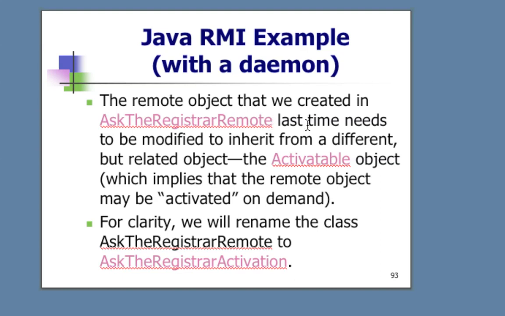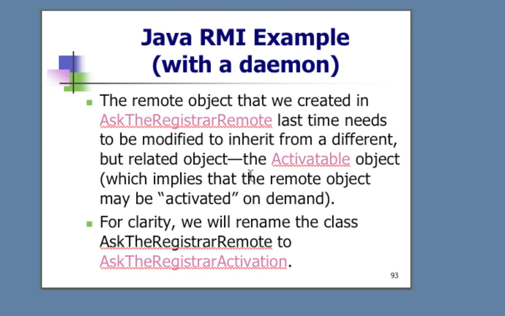It needs to be modified to inherit from a different but related object, Activatable, which is probably what it's inheriting from right now, which is why it wasn't running in the other mode, which is the same server I tried to run. This implies the remote object may be activated on demand. So for clarity, we're going to rename the class AskTheRegisterRemote to AskTheRegisterActivation.